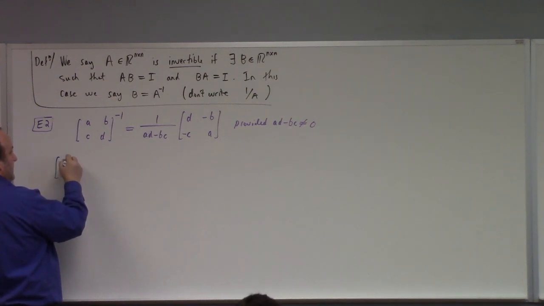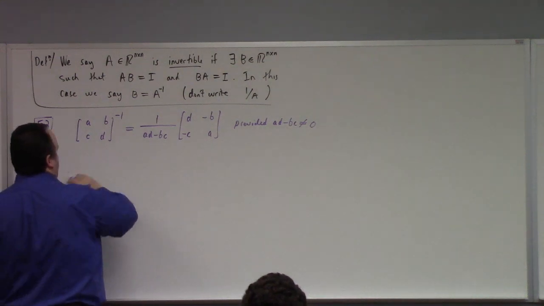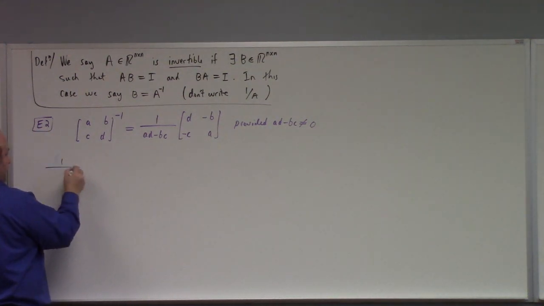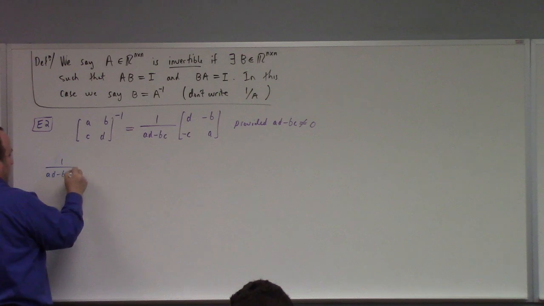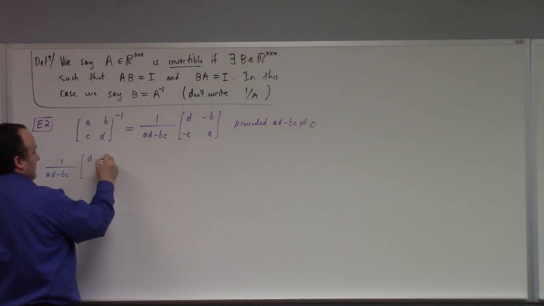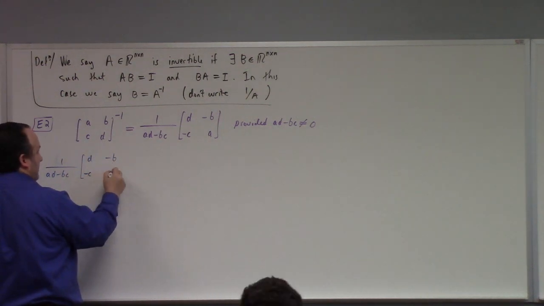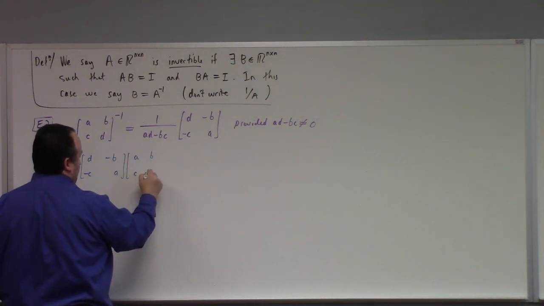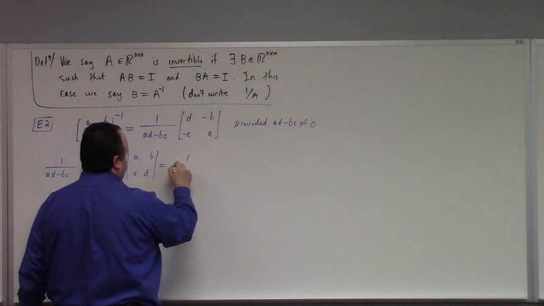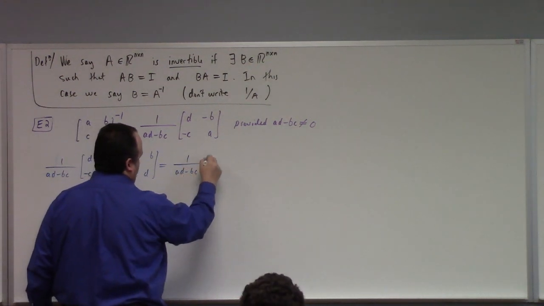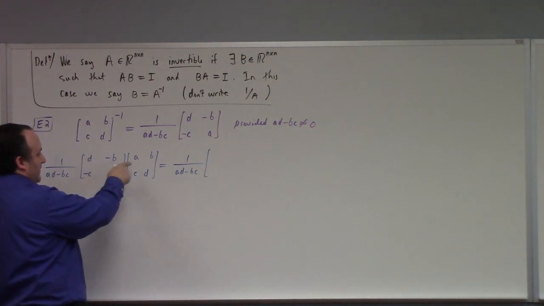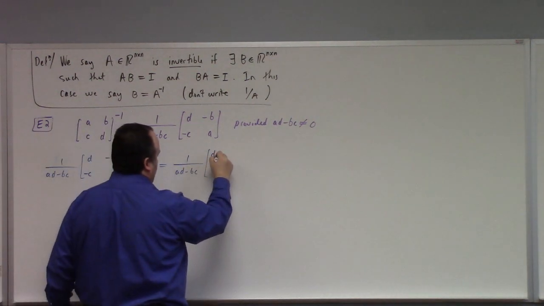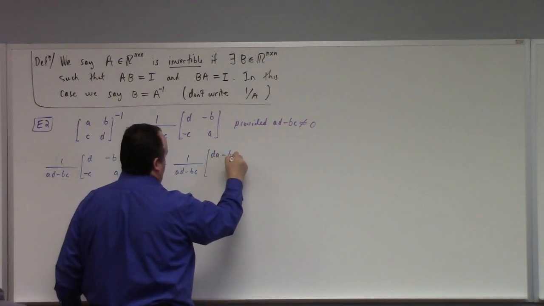I'll put the inverse on this side. So I have 1 over AD minus BC times my alleged formula, D, minus B, minus C, A. And we just have to multiply by A, B, C, D and see what happens. My first multiplication is DA minus BC.